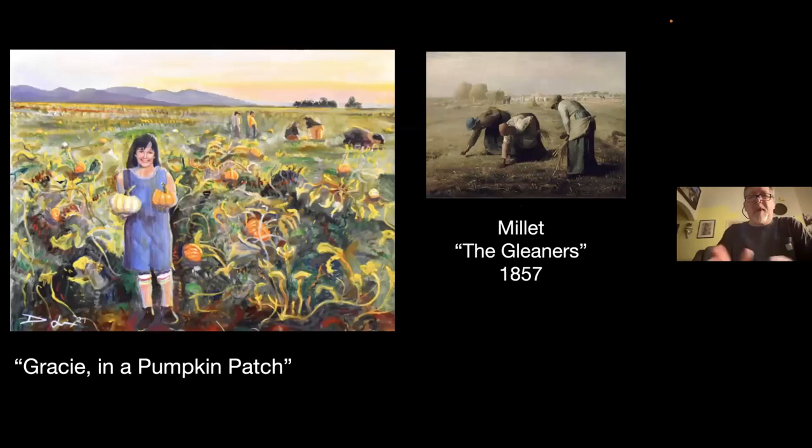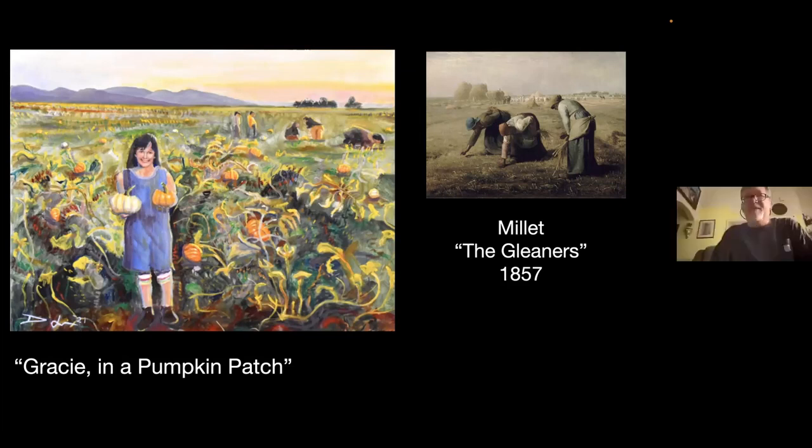It's moderately successful. But that's my daughter in the painting, and she's holding two pumpkins, and that's a pumpkin patch here in Tucson. If you look at the painting by Millet that I'm displaying on the right, where are the similarities between these two paintings? In the way the perspective is.